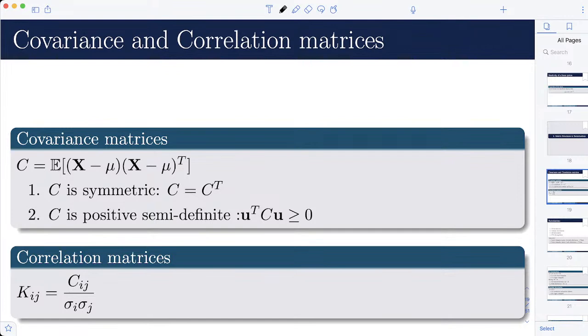Instead of having to store n squared things, all you have to store for these symmetric matrices is the lower triangular half. There are n elements on the diagonal, and you're adding all the elements down to the last diagonal, so it's n plus n minus 1 plus and so on down to 1.